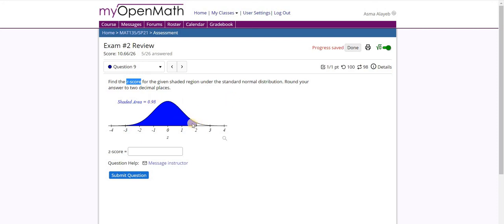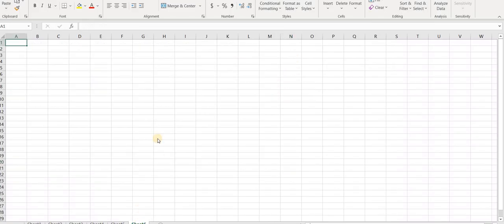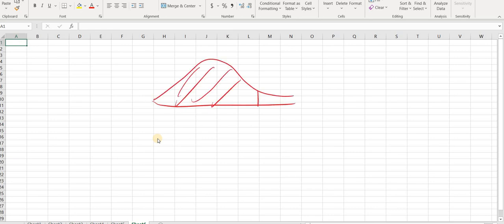Then I know that if I was given the area to the left of a missing number and I would like to find that missing number, then I will use the norm inverse function. So that's what I'm going to use right here. So here is what I know. This is the missing z-score. Let's say this is C. This is 0.98.